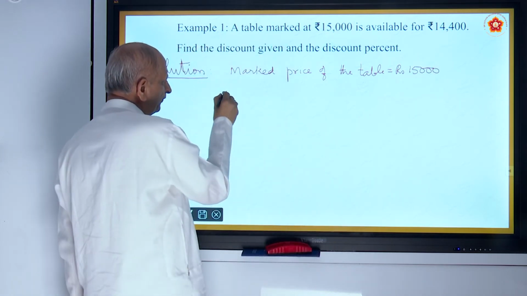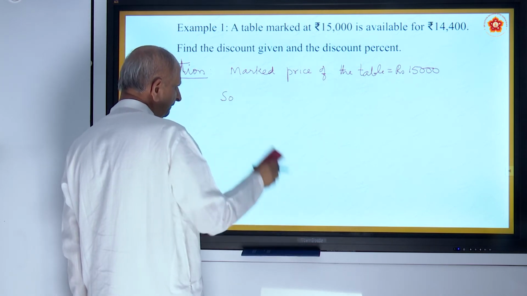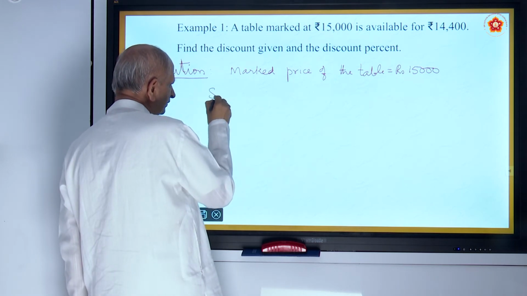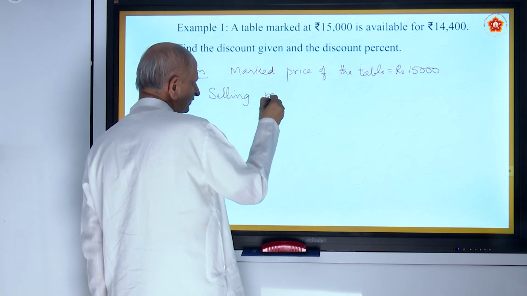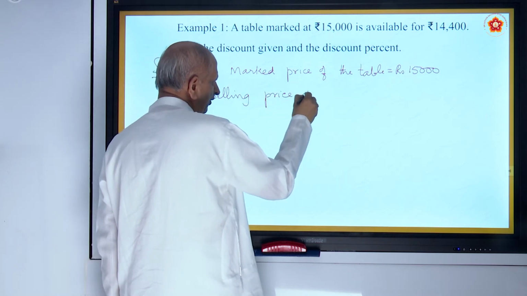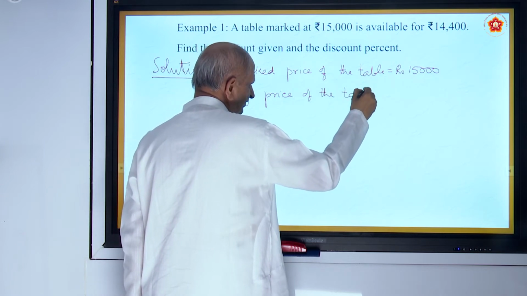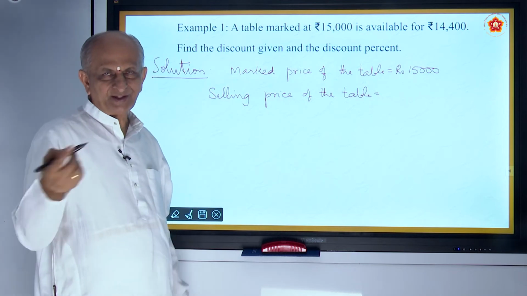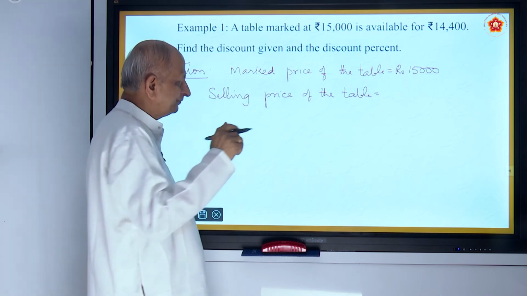That was sold for, so you can say selling price or sale price, selling price of the table. Why do they sell it for a lesser price? I told you already, to attract the customers or to dispose of all the old stock.